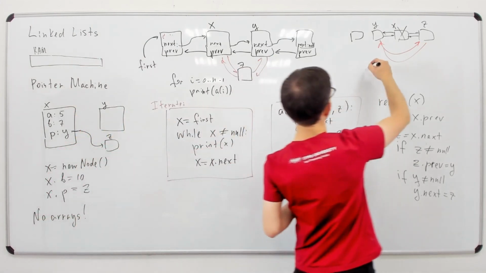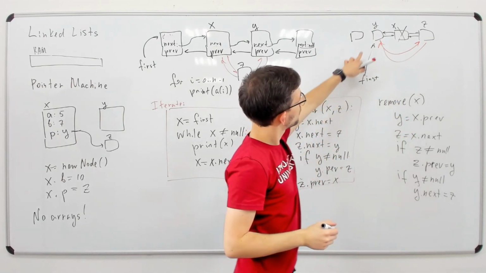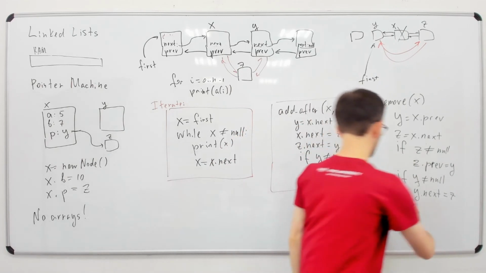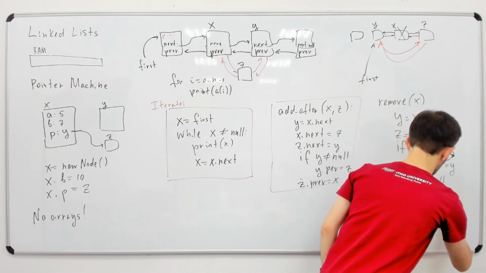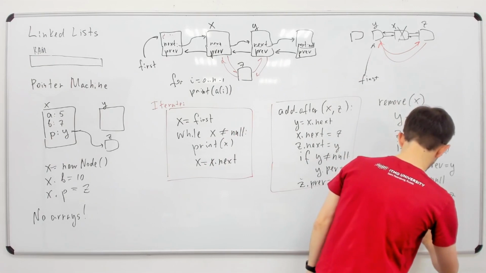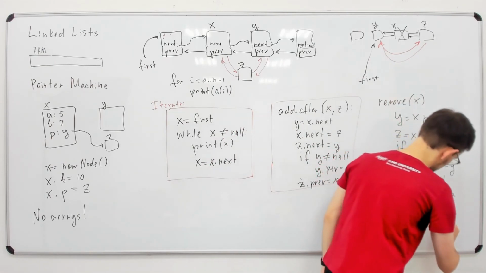So we also have this pointer first to the first element of the list. And if we remove the first element of the list, let's say if X is equal to first, then we need to move first to the next element, Z.